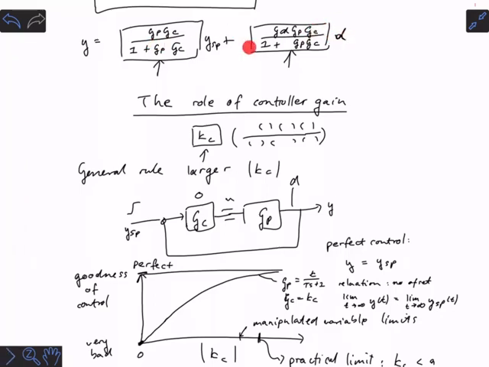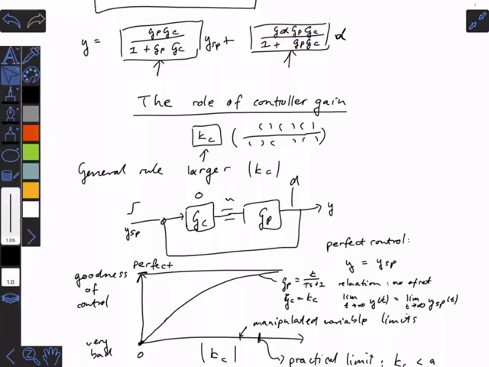Let me just expand that diagram. So that's what happens when the disturbance changes, and this is what happens when the set point changes.